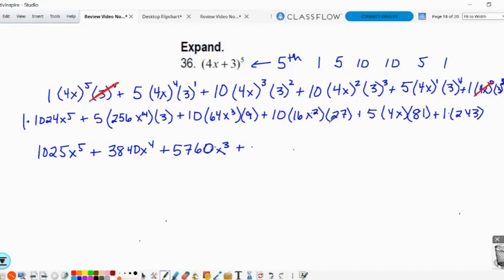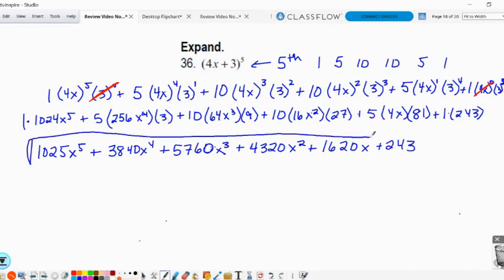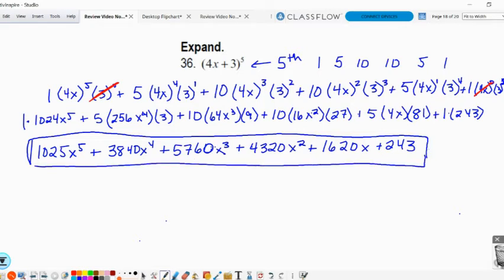Ten times 16 times 27. 5 times 4 times 81. And 1 times 243. And that is the full expansion of 4x plus 3 to the fifth power. On to 37.